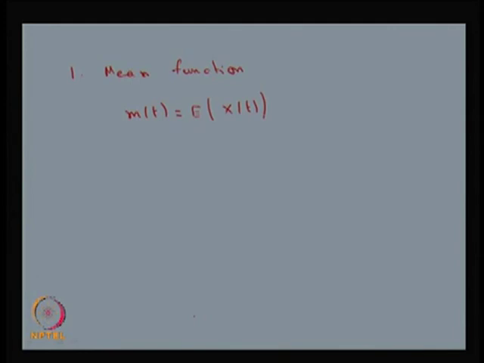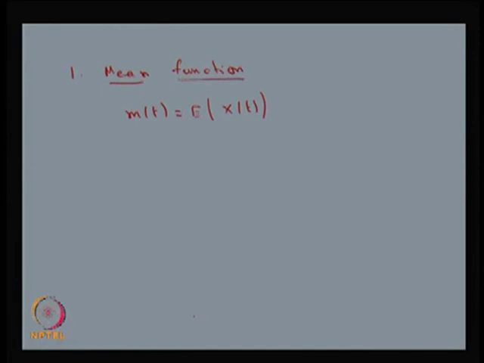Here the stochastic process is the collection of random variables X of t over t belonging to capital T, and you are defining the mean function as a function of t, that is the expectation of random variable X of t. Sometimes this is going to be a function of t, sometimes it is going to be independent of t. According to whether it is a function of t or independent of t, we can classify the stochastic process later. So, this definition is going to be very important, that is the mean function.